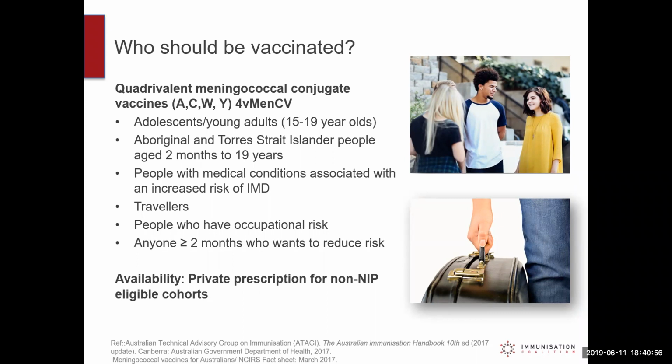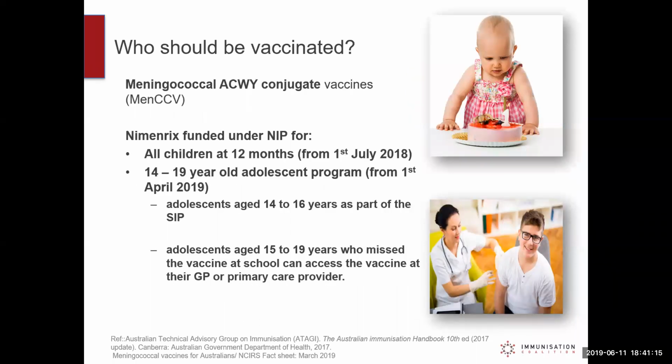Meningococcal B vaccine is not funded on the NIP, but here in South Australia it is a state-funded vaccine for adolescents aged 15 to up to their 21st birthday. So ACWY, like I said, it's been funded on the NIP for all children at 12 months of age.